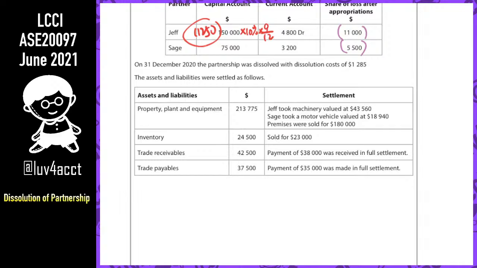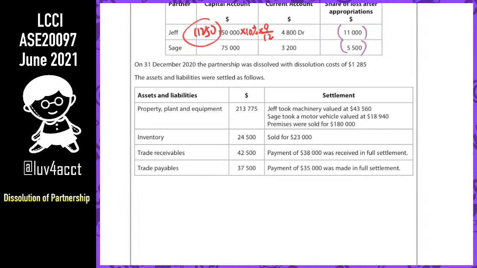And then the settlement. Jeff took machinery, valued this amount. Sage took another vehicle. And then premises sold for 180,000. Inventories sold. And then trade receivables. We are owed 42500, but then only received 38,000 for it. Trade payables, we also have settled for less.